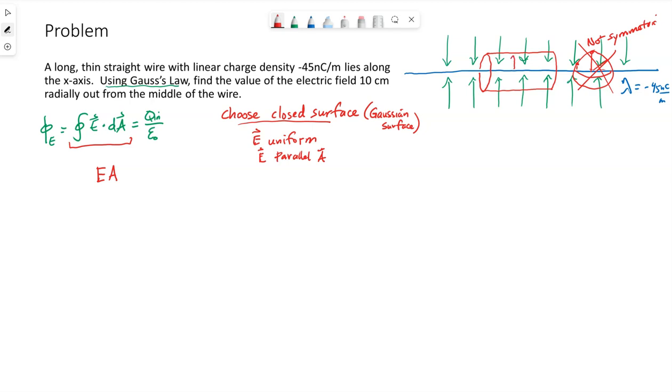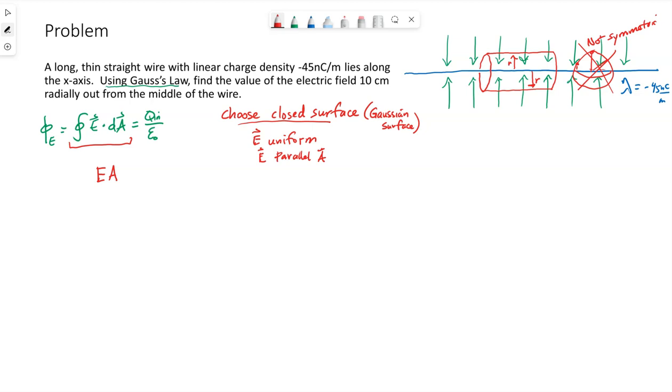And I'm choosing this cylinder such that this thin line of charge, or this thin straight wire, has its sides equally distanced from the wire. So essentially the wire, this long straight wire, is traveling down the axis of the cylinder.